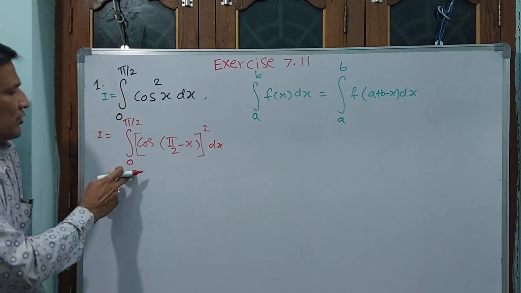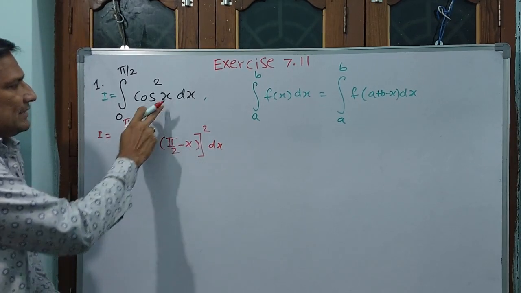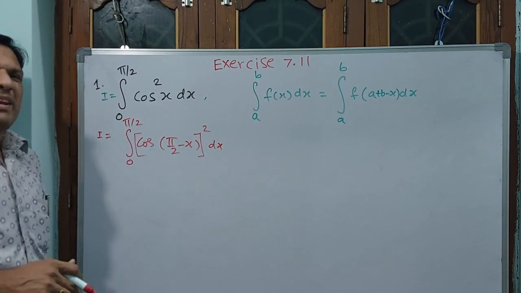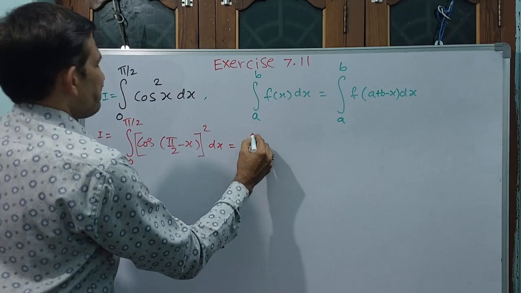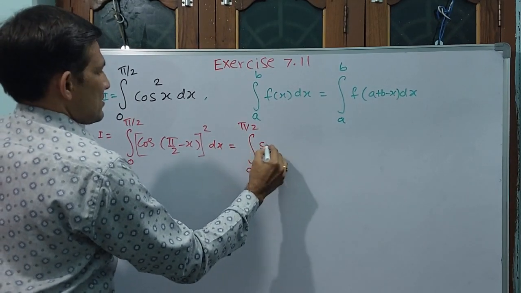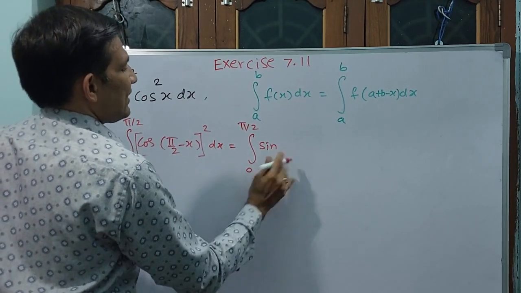Why? Because see, 0 plus pi by 2 minus x. But we know cos of pi by 2 minus x is sine x. Write down. That is equal to integral 0 to pi by 2 of sine x, that's all. Why?